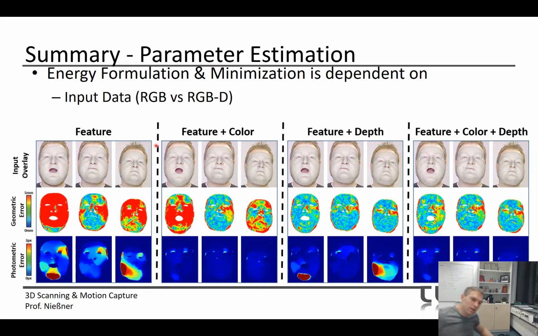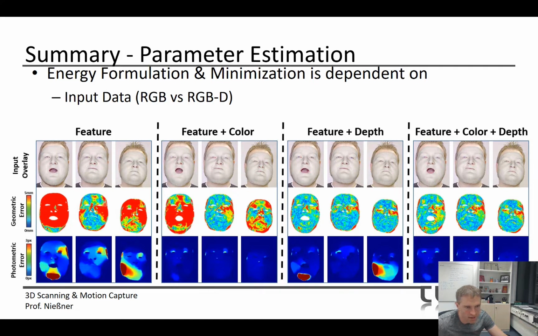And what we are seeing here are a bunch of plots. This is the initial overlay. This is the geometric error with respect to the ground truth. This is the photometric error with respect to the reprojections. So let's have a look here. You see already here, for instance, the face template is slightly shifted, so it doesn't quite align and is not perfect.